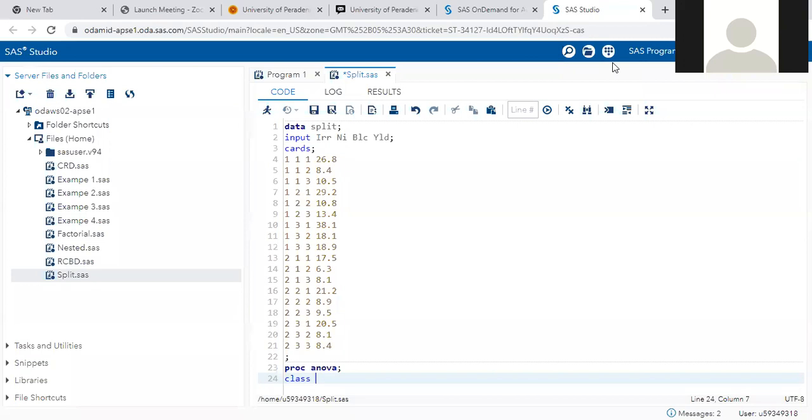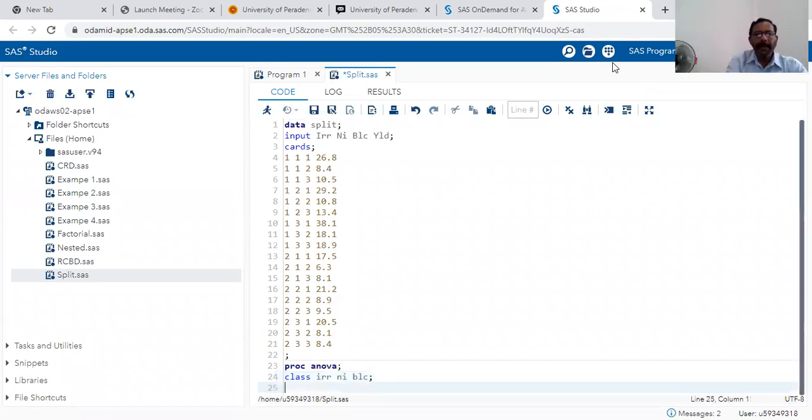Block, irrigation. Okay, I will start with irrigation. Then nitrogen, block. So here you see there's no need of putting capital and small letters. If you want to keep the beauty of the program, you can keep capital, small, and so on, right? It doesn't matter for the computer to understand.